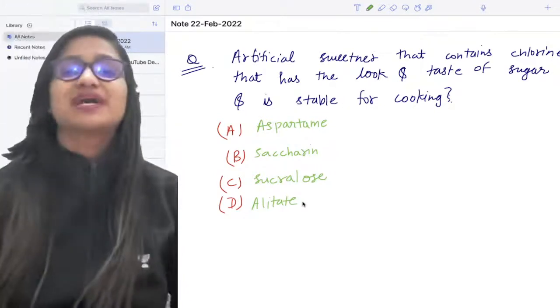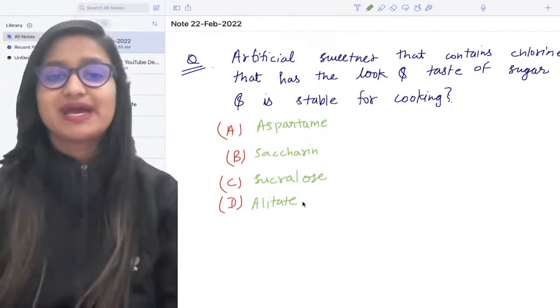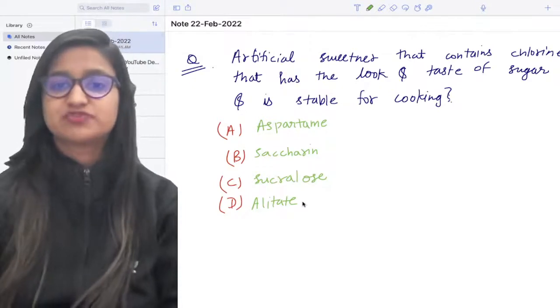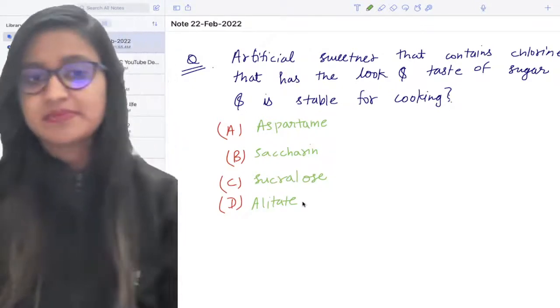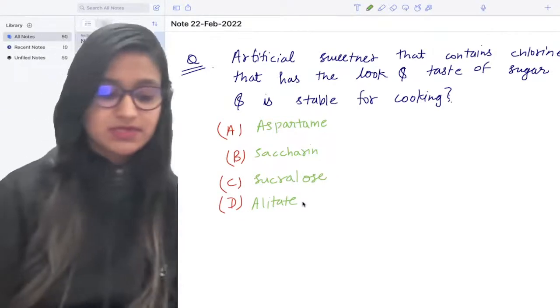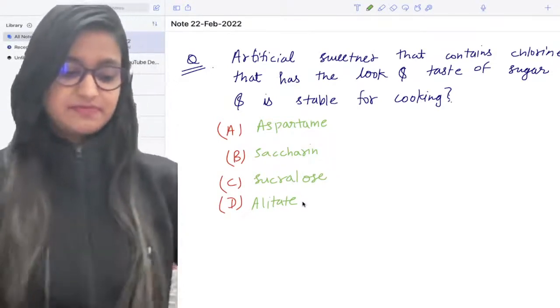Artificial sweetener that contains chlorine and has the look and taste of sugar and is stable for cooking. What will be the answer? Tell me.